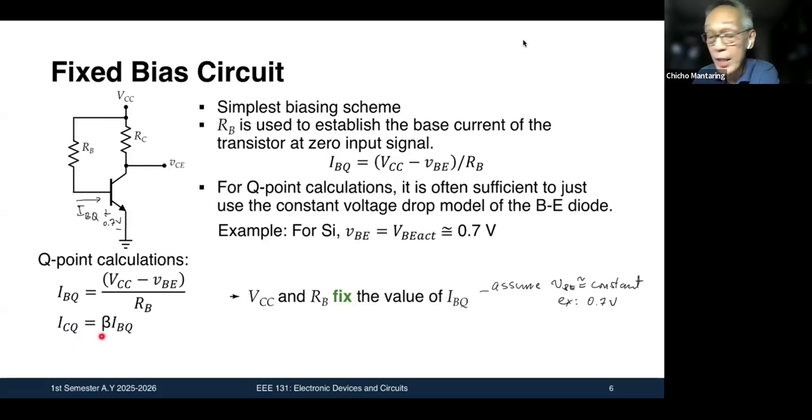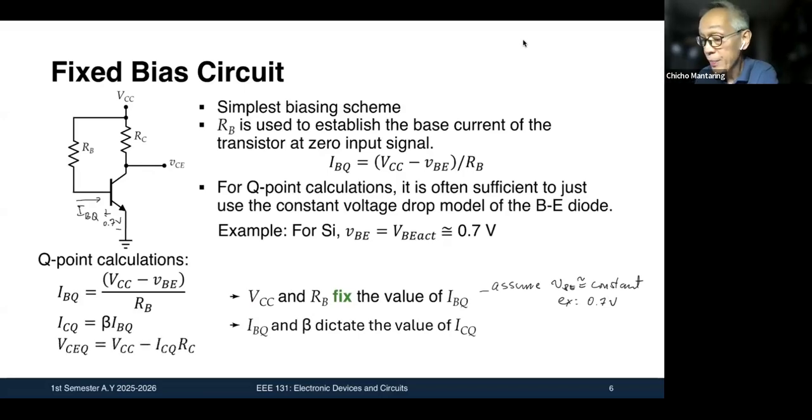ICQ is just beta times IBQ. So in addition to VCC and RB, what establishes ICQ will be beta. So IBQ and beta dictate the value of ICQ. Again, IBQ is dictated by VCC and RB. And finally, the quiescent value of your output, in this particular case, VCEQ, will just be VCC minus ICQ RC.